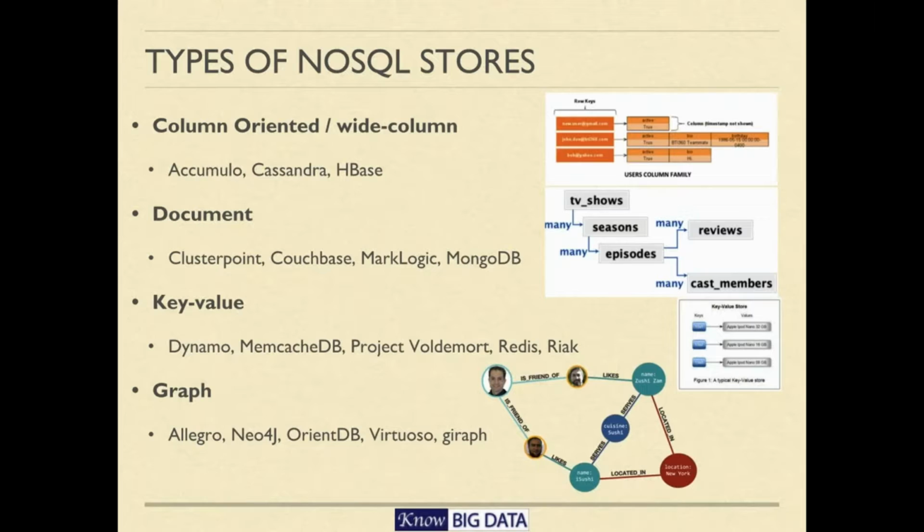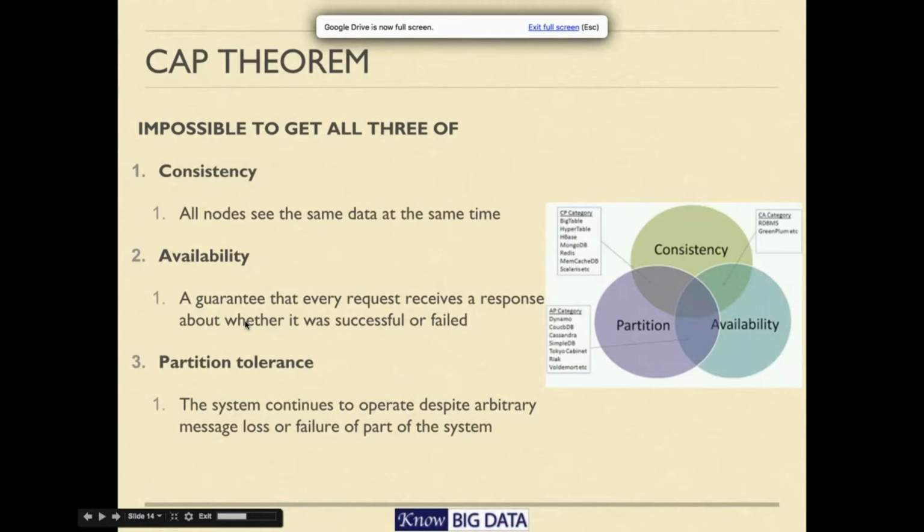While a document store only has a tree structure where one object contains another object, and so on, and key-value just stores two pieces of data in a record, graph databases store the complex structure of complex relationships between various objects, specifically used in social networks. So you have Allegro, Neo4j, and ObjectDB, and so on. Specifically Giraph.